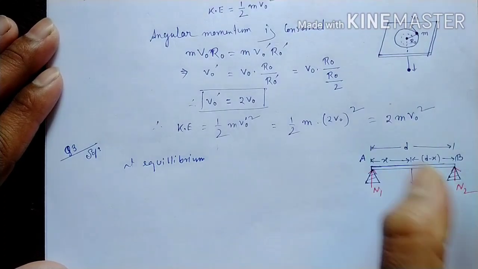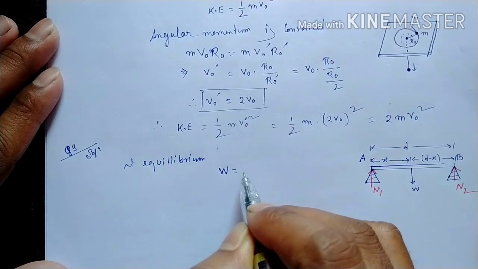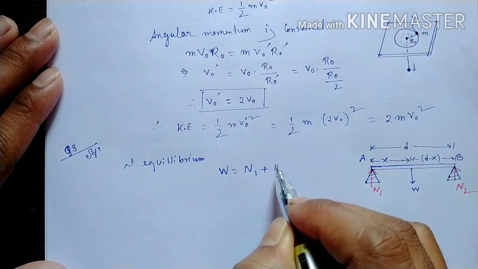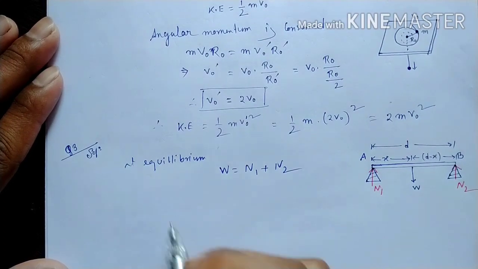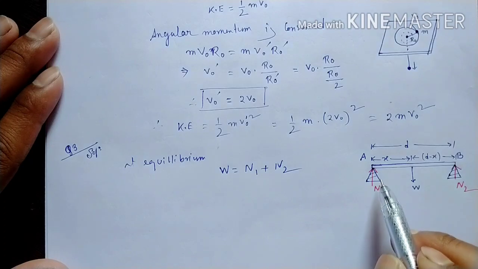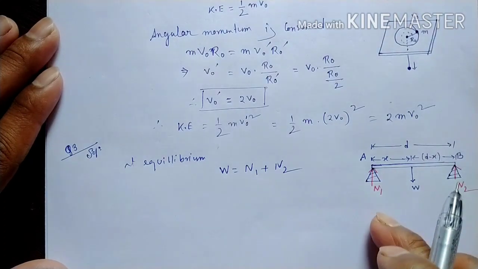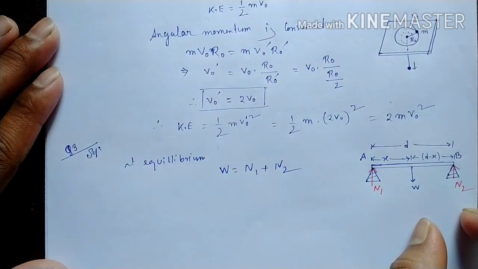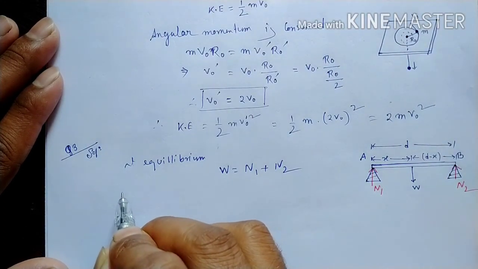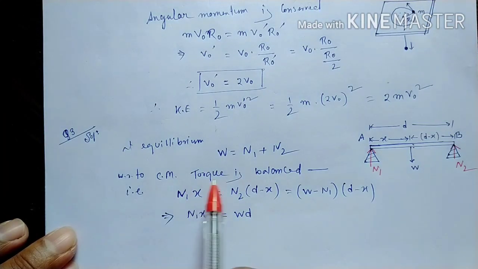Total upward force is equal to total downward force. Total downward force means weight W is equal to upward force, meaning normal reaction N1 plus N2. We know that with respect to the center of mass, total torque is balanced.